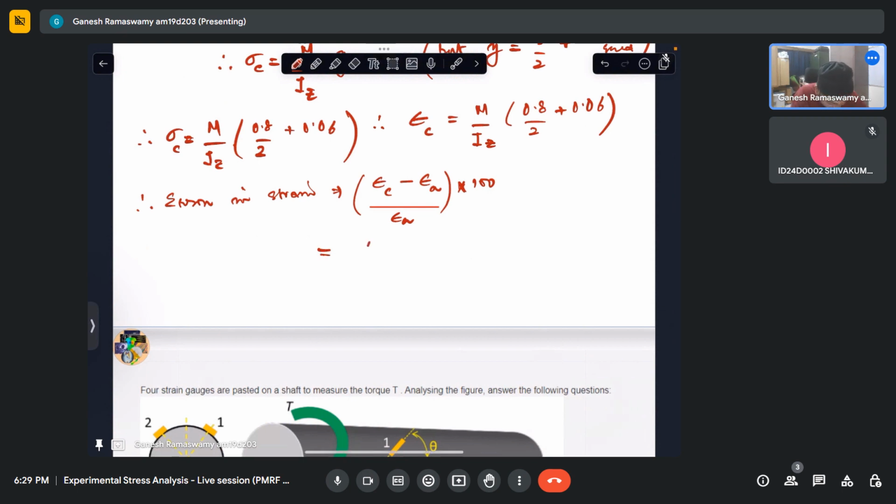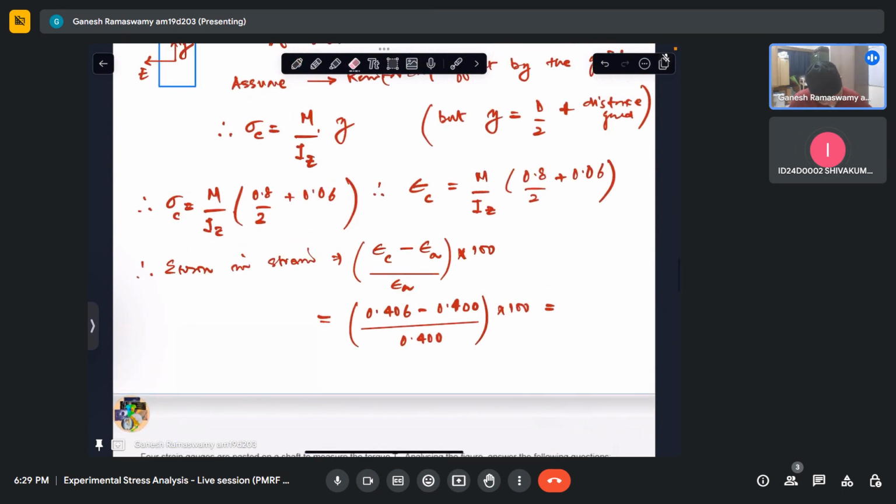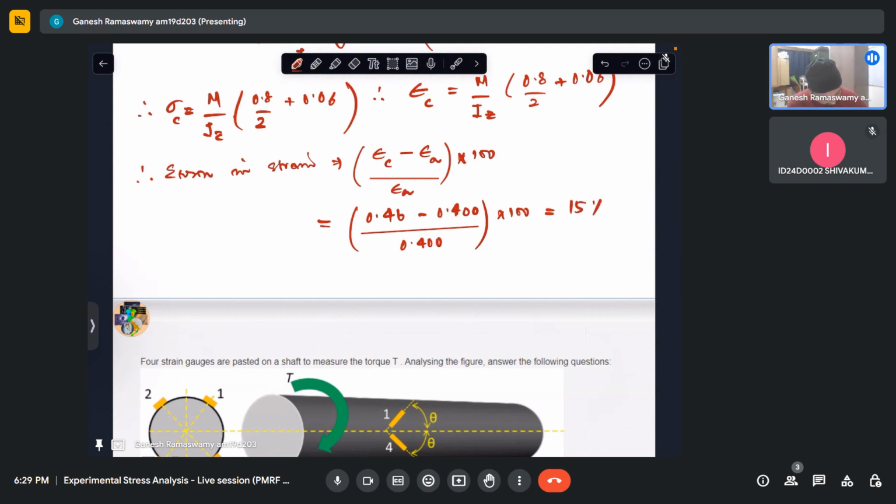So it will just be 0.406 minus 0.400 by 0.400 into 100. So what does this come out to be? Sorry, this will be 0.46. Thank you for that. So it will be 0.46 minus 0.4 divided by 0.4. So this comes out to be 15%.